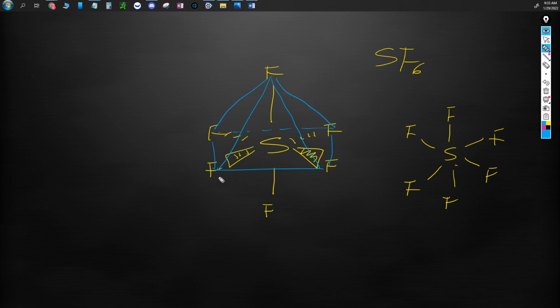Can you already see a pyramid shape going on there, top and bottom? These are square pyramids, right? We call this octahedral. Octa means what? 8. There are 8 triangles, 4 on the top, 4 on the bottom as a surface, right? We call it octahedral.